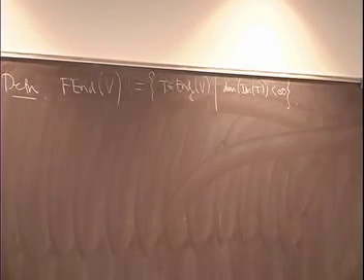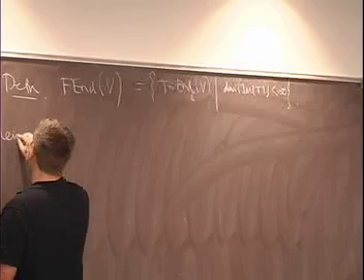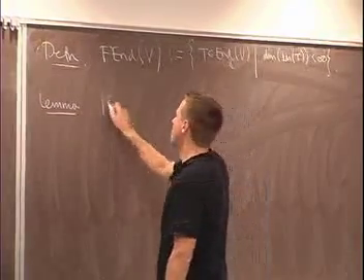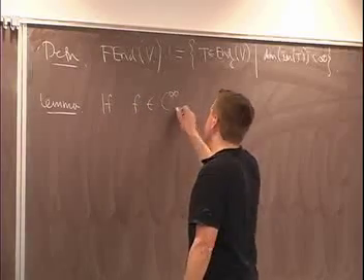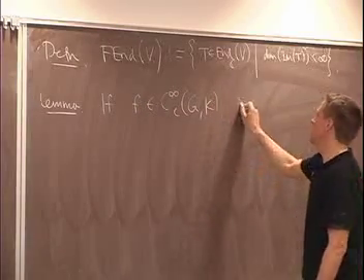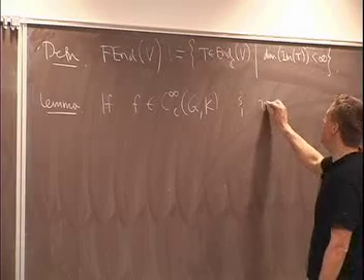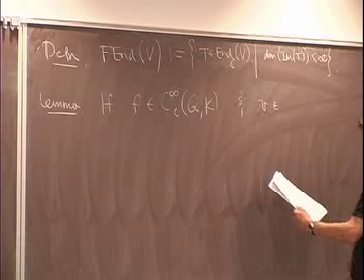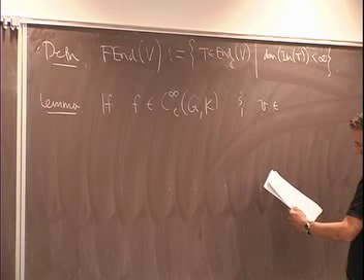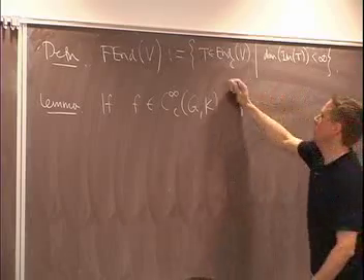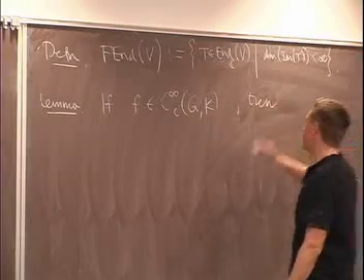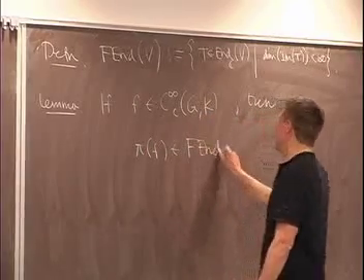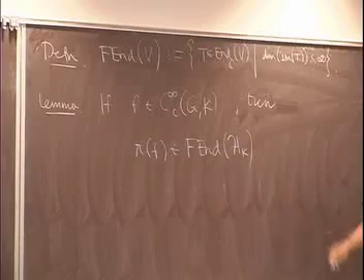And the lemma is that if f is in this space, then on K-finite vectors, this pi of f is a finite rank endomorphism of the K-finite vectors in this representation that we started with.